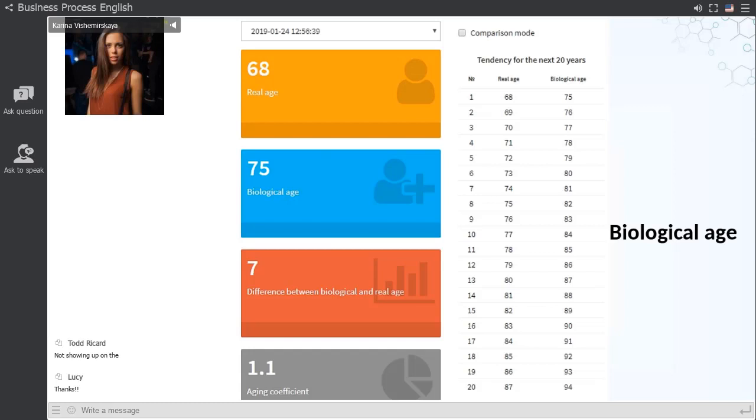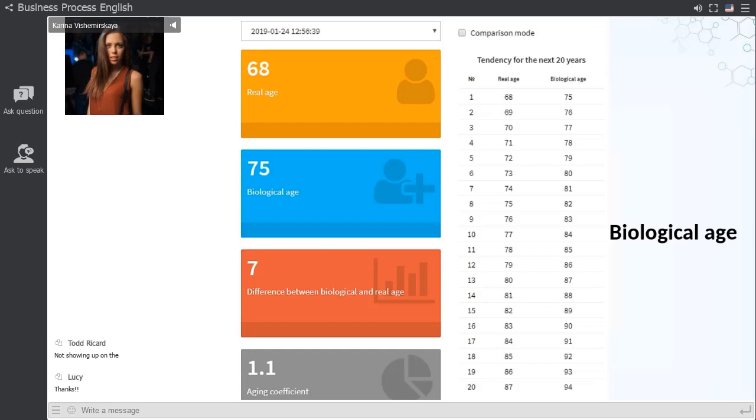The person is 68 years old and the biological age, let's pay attention, is 75. So the difference is 7 years. The aging coefficient is 1.1. So 7 years is the difference between their real age and biological age.